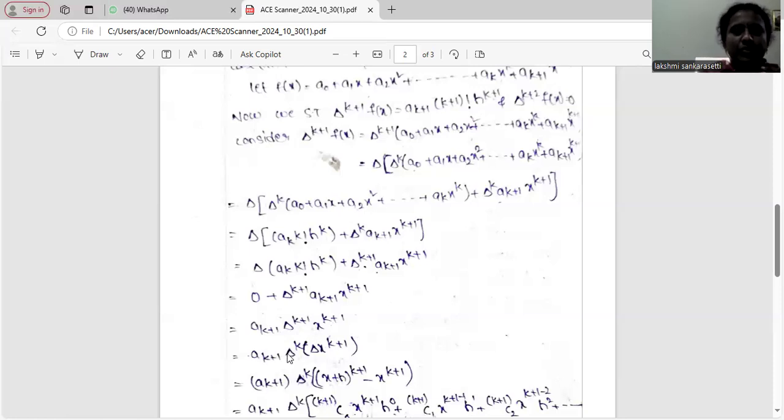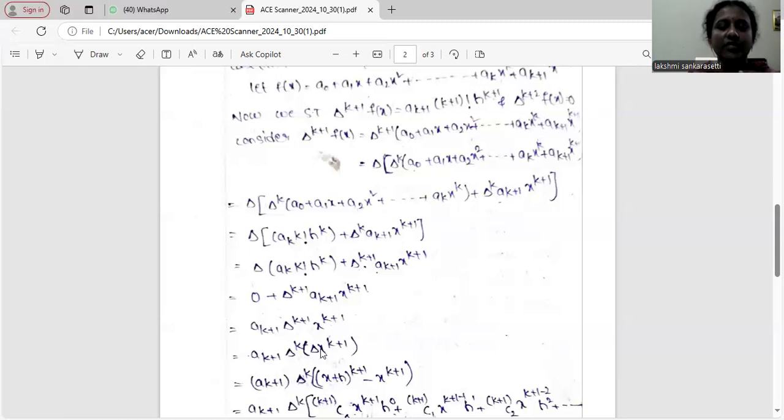a_{k+1} into delta power k+1 of x power k+1 is written as delta power k of delta of x power k+1. That is equal to a_{k+1} into delta power k of delta of f(x). Delta of f(x) is defined by f(x+h) minus f(x).